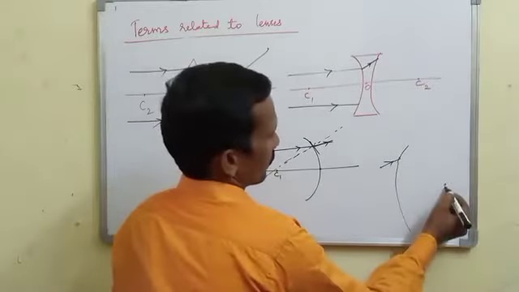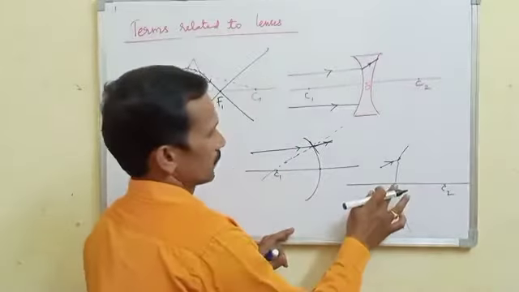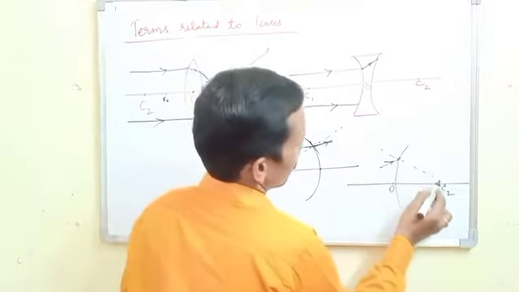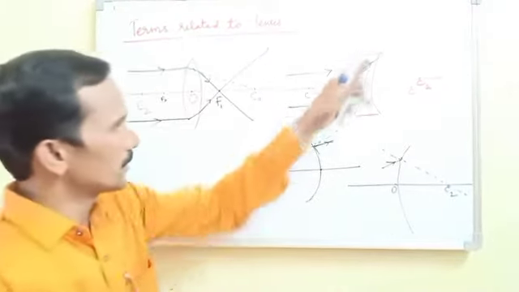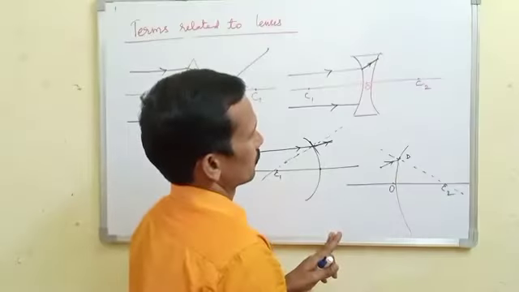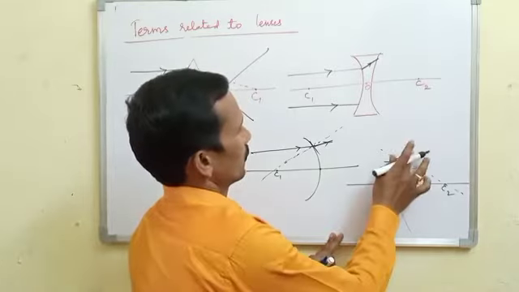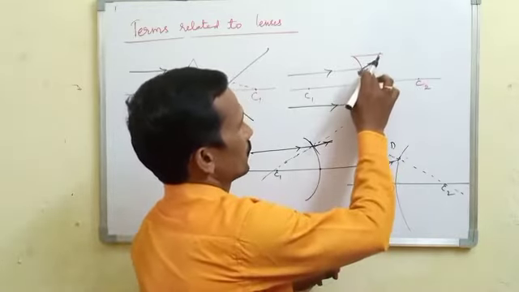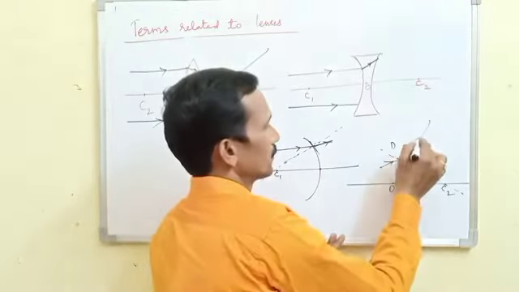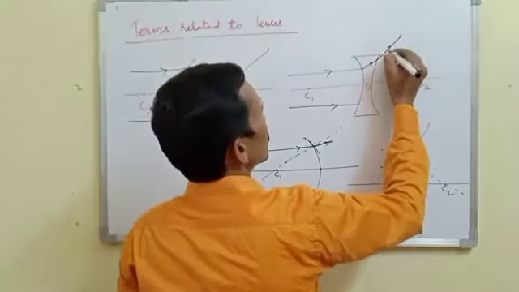Now it is the second curvature, with the optic center here. Suppose this is the normal now. What happens here? From here it is the denser medium. From denser to rarer, what happens? It moves away from the normal like this, and it diverges.